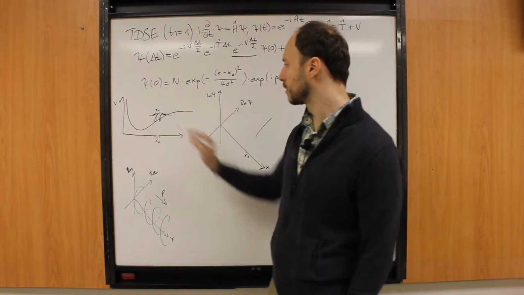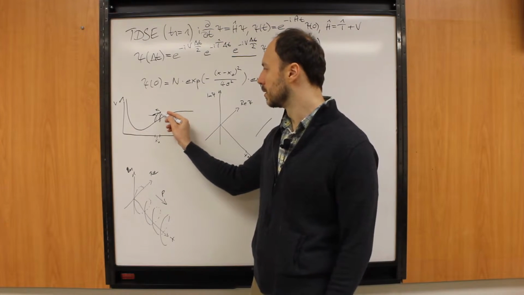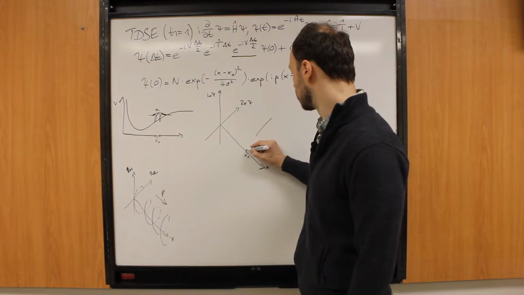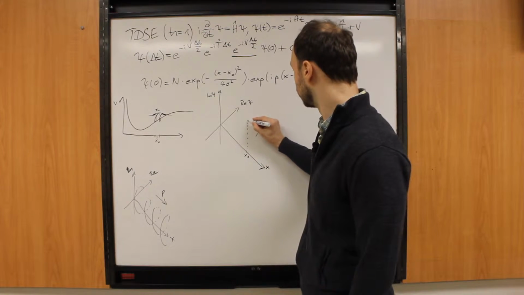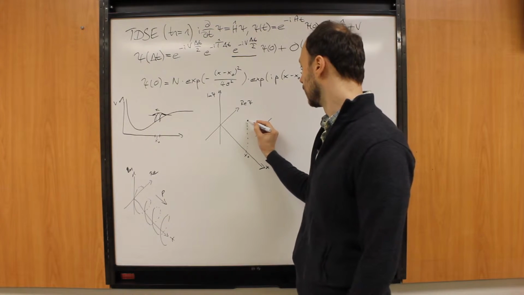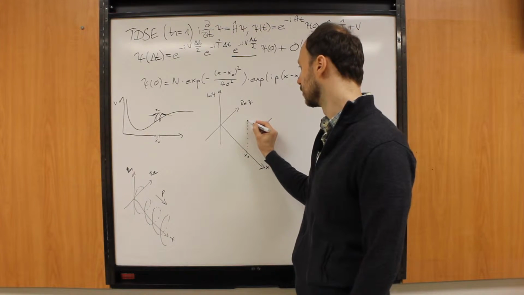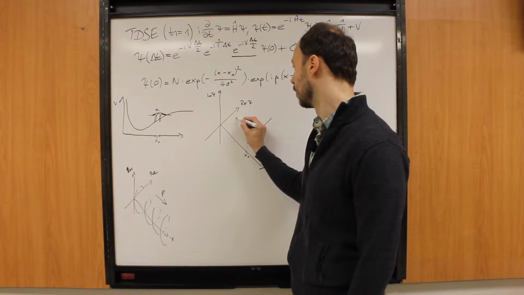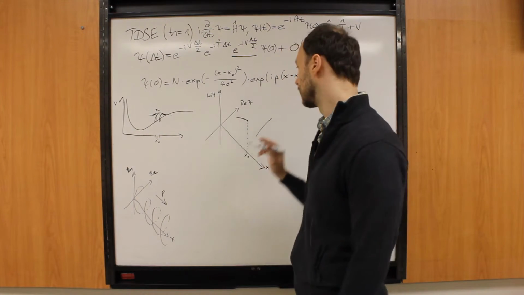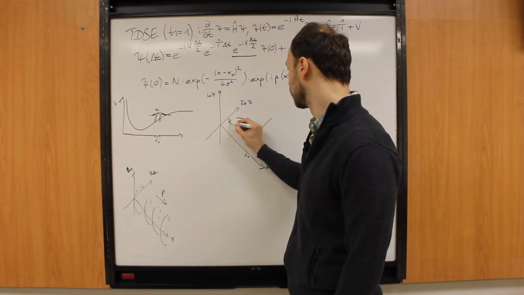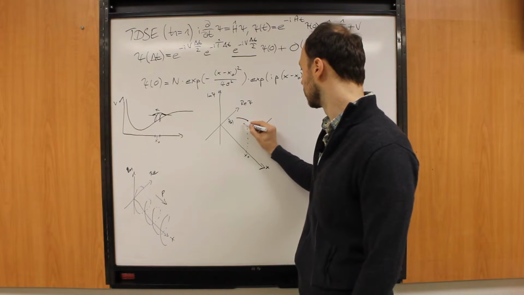And our wave function is almost like a plane wave. So if this is psi of x naught here, we're moving a little bit in the counterclockwise direction as we go to the left in the coordinate system. So this is psi of some x to the left, and this is psi of x naught here.